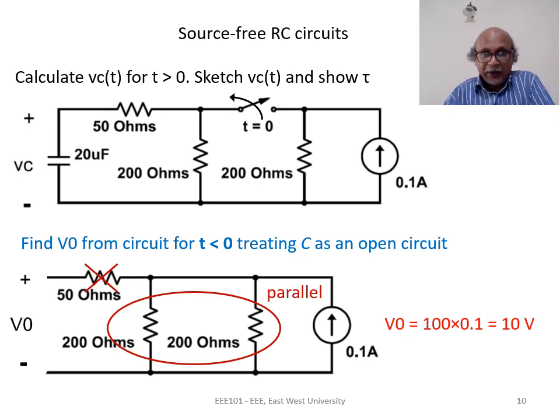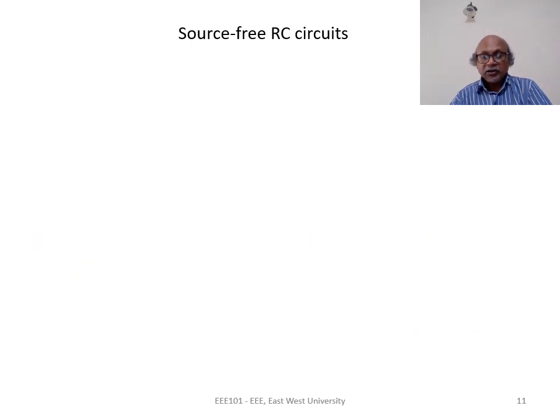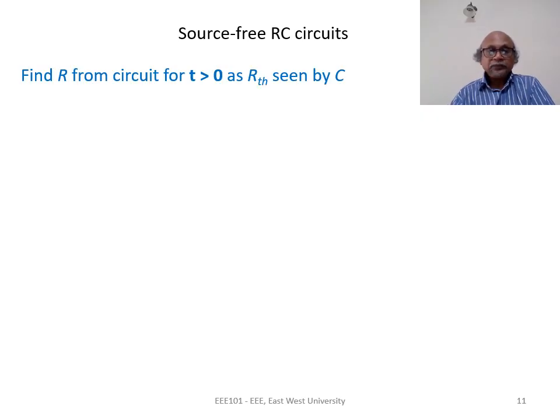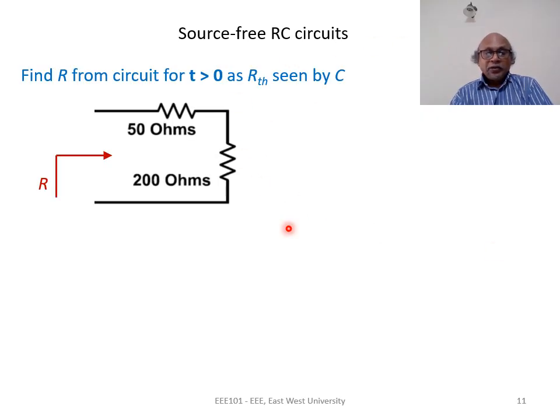To find R, we have to look at the circuit for t greater than 0. For t greater than 0, the right part of the circuit has been disconnected. The capacitor was here, so R is equal to the RTh seen by the capacitor. This is straightforward, case 1 for finding RTh.